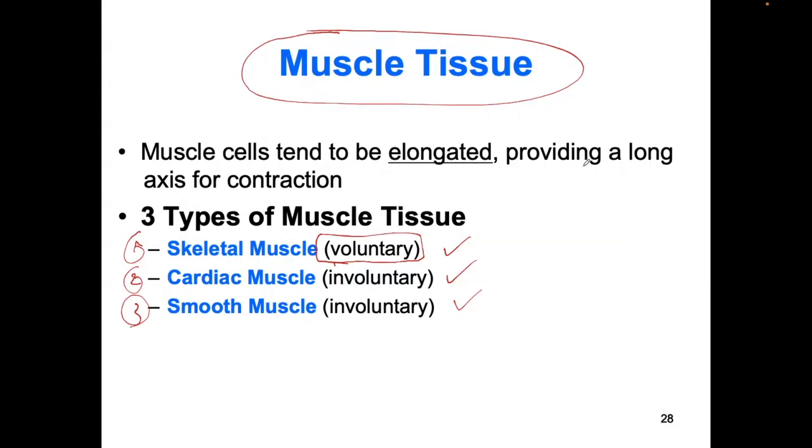If you want your fingers to move, you can consciously contract your flexor digiti minimi or flexor digitorum longus or flexor digitorum profundus and superficialis muscles. If you want to flex your elbow, your biceps brachii can voluntarily contract. So skeletal muscle is voluntary.